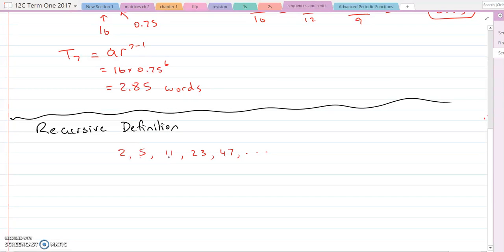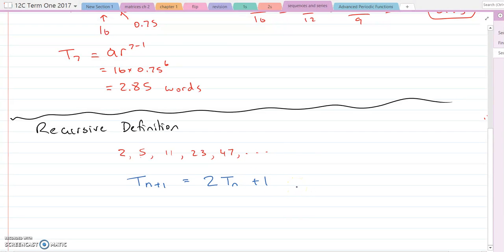Doubling and plus 1. So this is neither an AP nor a GP, but the way to define this is to say that my n plus 1 term is twice the previous term, which is Tn, and add 1 to that.